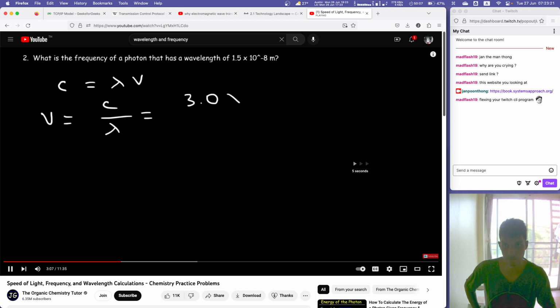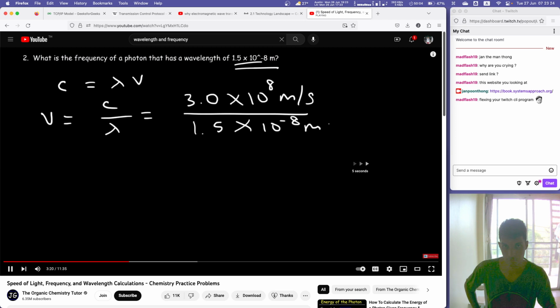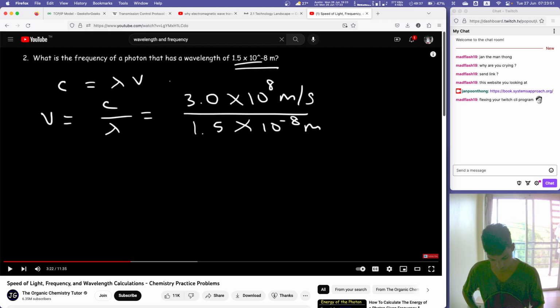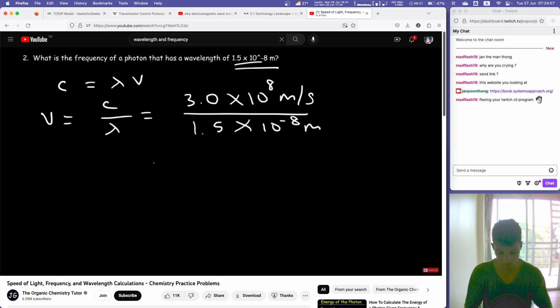So starting with this equal to this times 10 to the 8 meters. So 3 divided by 1.5 is 2.